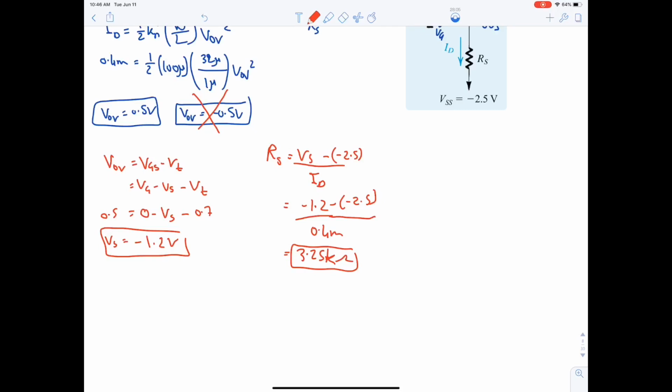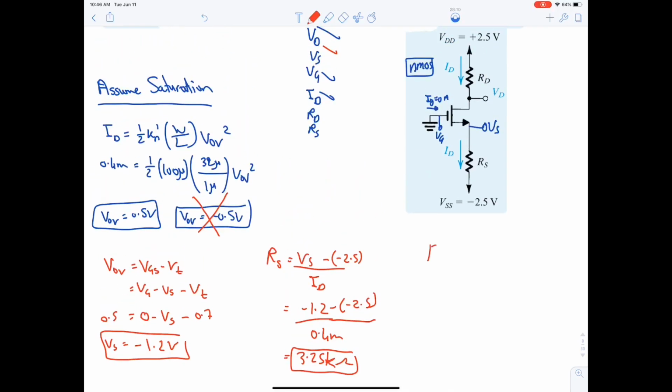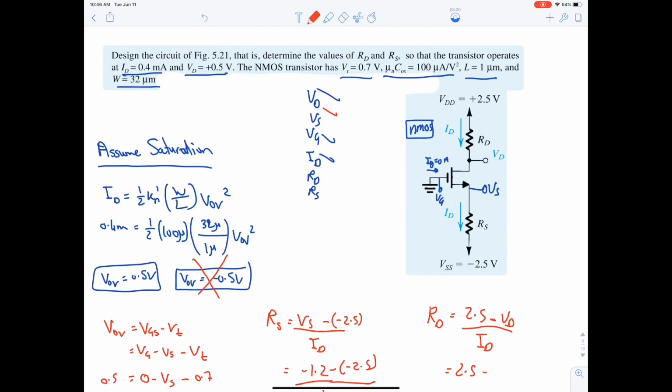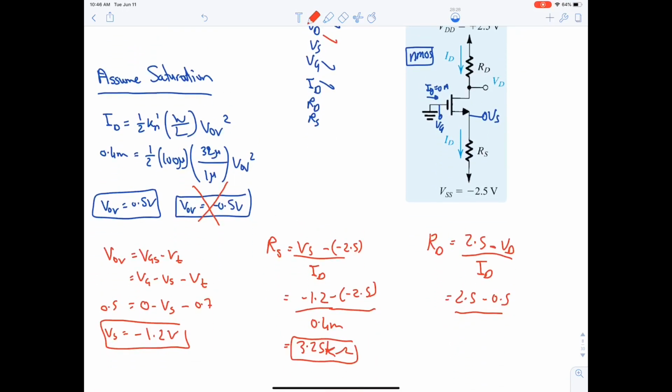Okay. After finding RS, let's find RD. RD is also Ohm's law, which is 2.5 minus VD over ID. So it's 2.5 minus VD, which is from the question 0.5, divided by ID, which is equal to 0.4 milli. This will result in 5 kilo ohm.